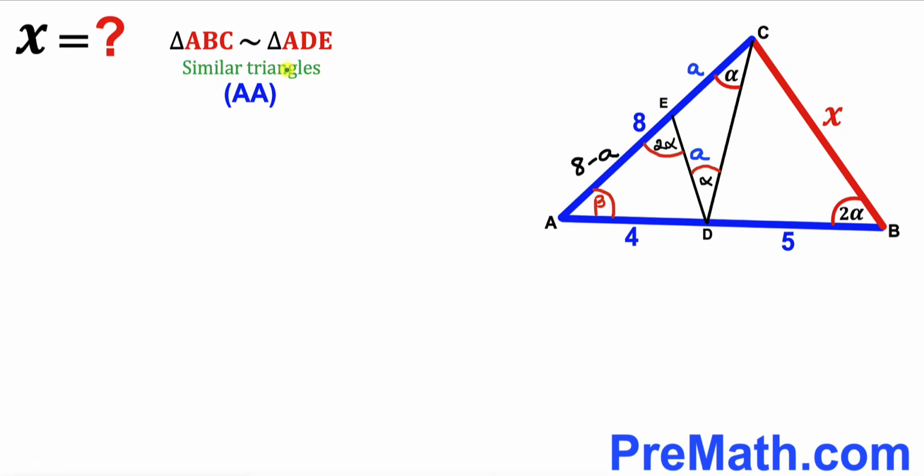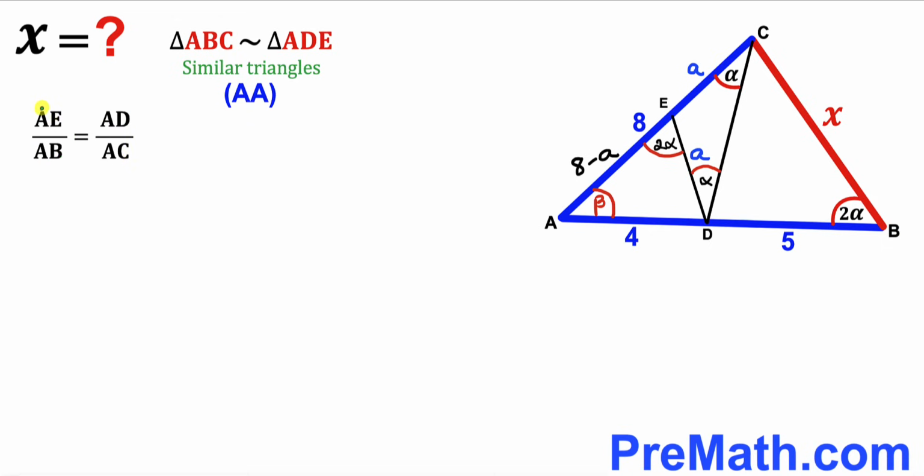So therefore we conclude that these two triangles, triangle ABC and the other triangle ADE, are similar triangles according to the angle-angle similarity theorem. And since these two triangles are similar, we have got to have a proportion. In other words, the ratio of the segments AE and AB must be equal to the ratio of the line segments AD and AC.